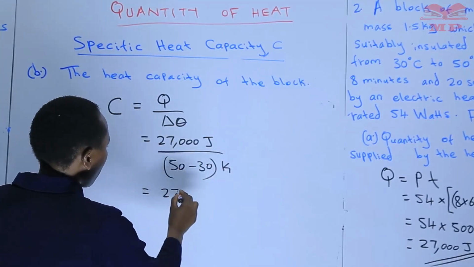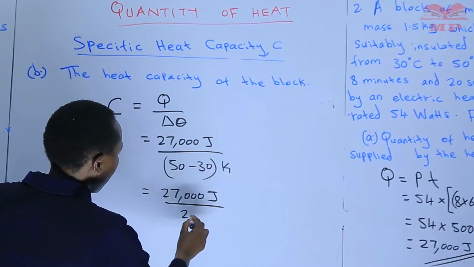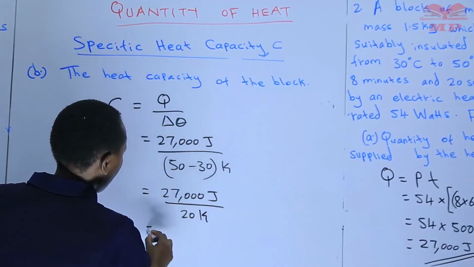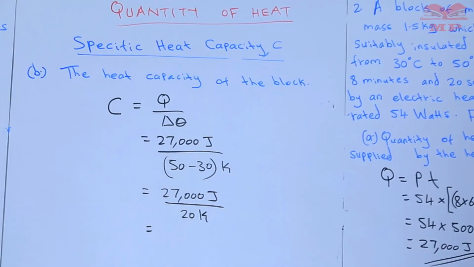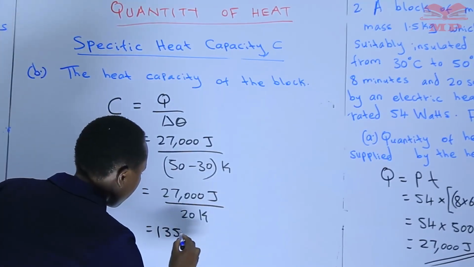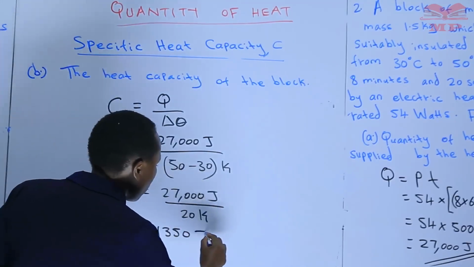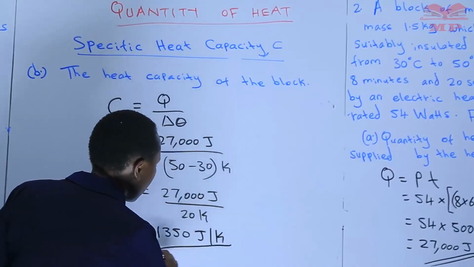So we are going to have 27,000 joules divided by 20 Kelvin. So we end up getting our answer for that. That is 27,000. We are dividing by 20, which we get as 1,350. That is the heat capacity, and it is in joules per Kelvin.